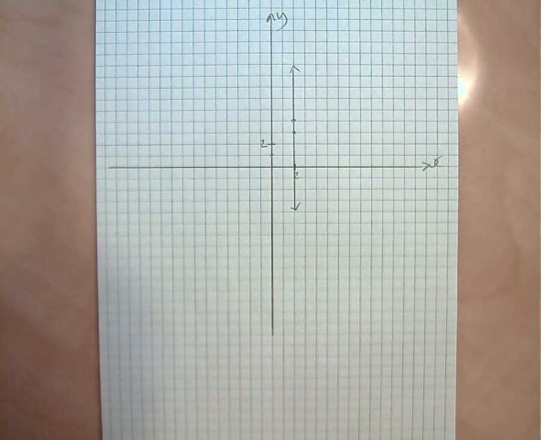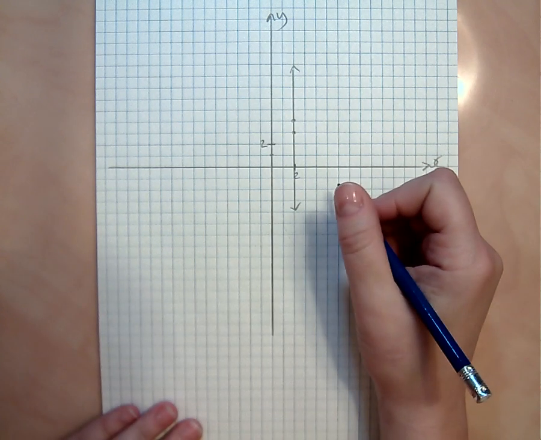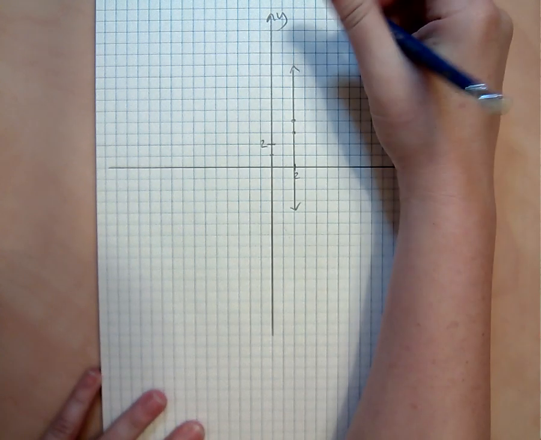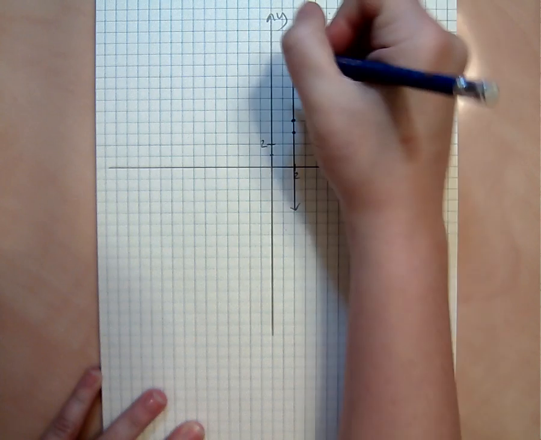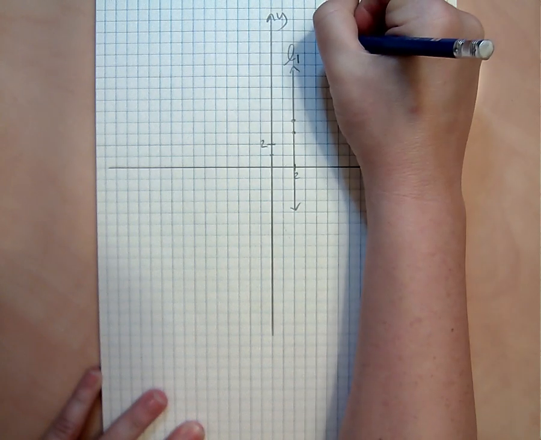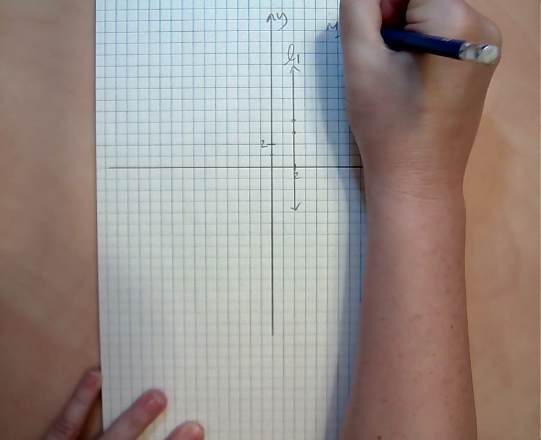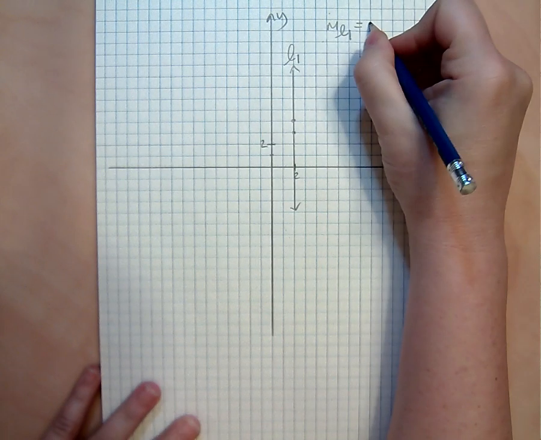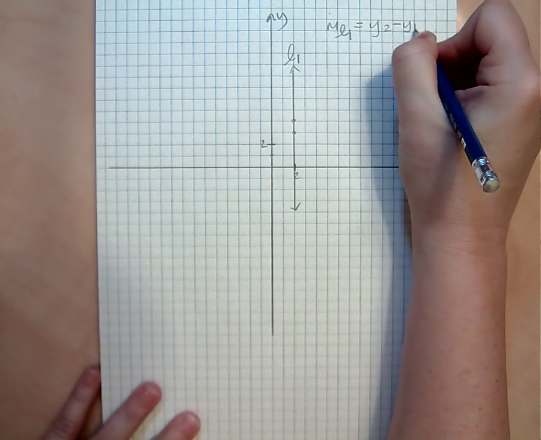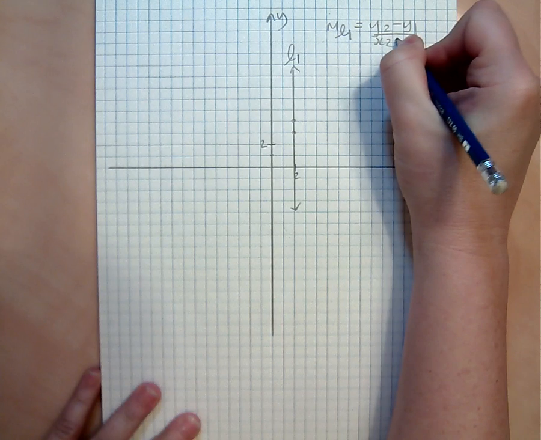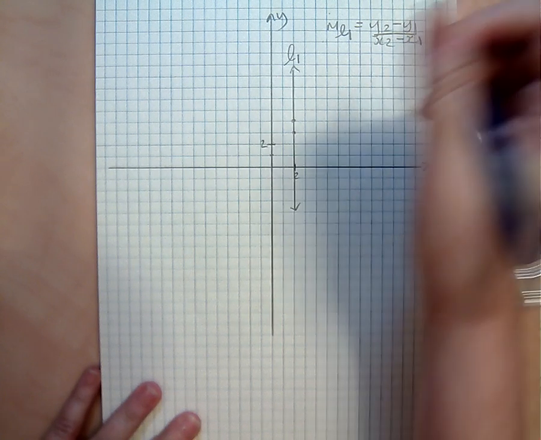So let's take a look at slope. I'll call this line 1. So the slope of line 1 is y2 minus y1 over x2 minus x1. Now let's pick these 2 points.